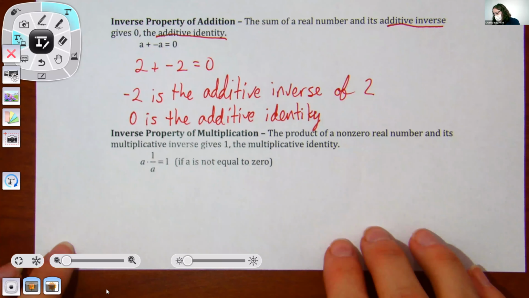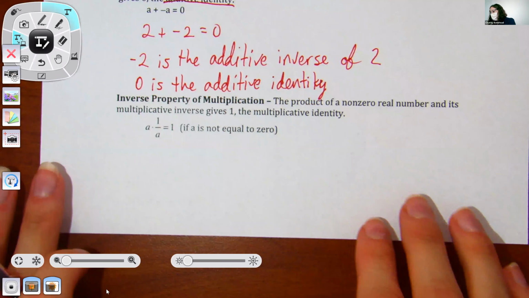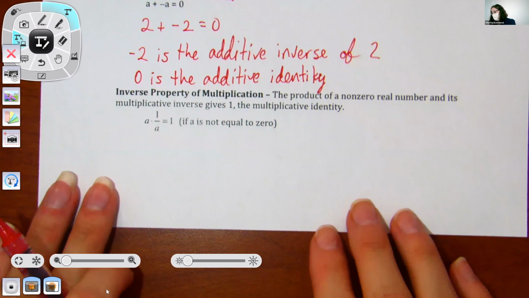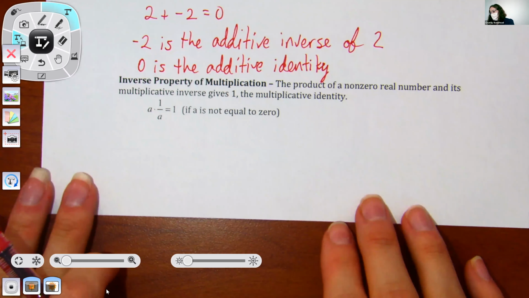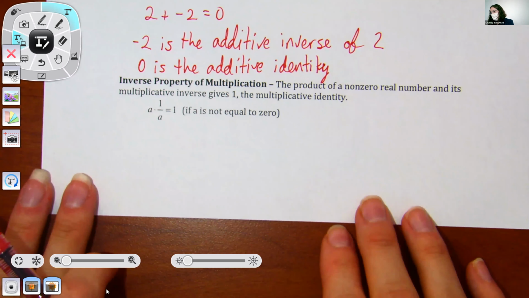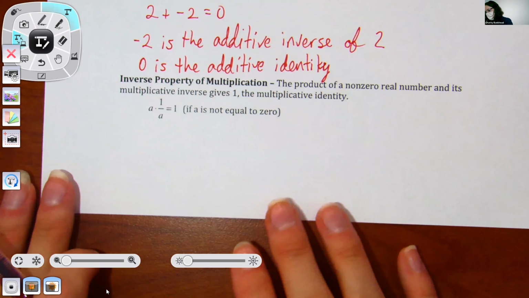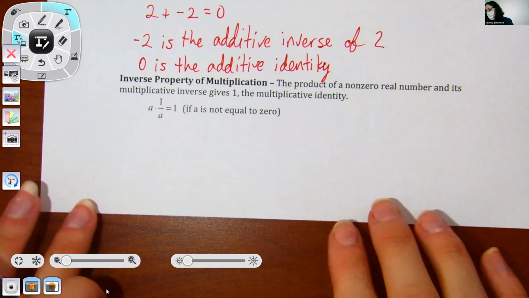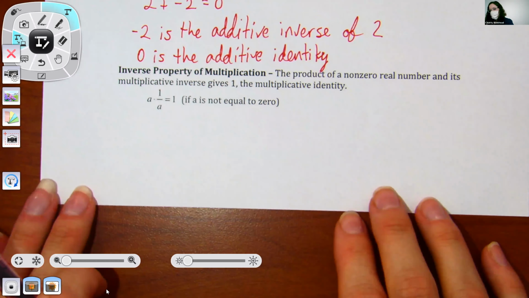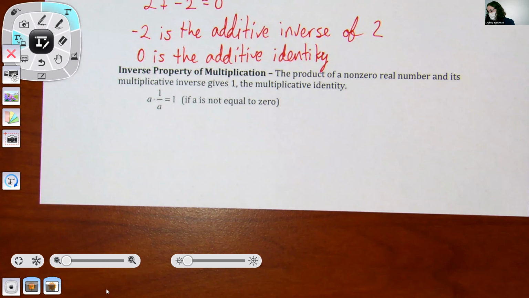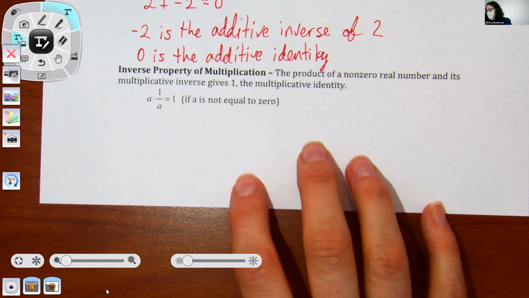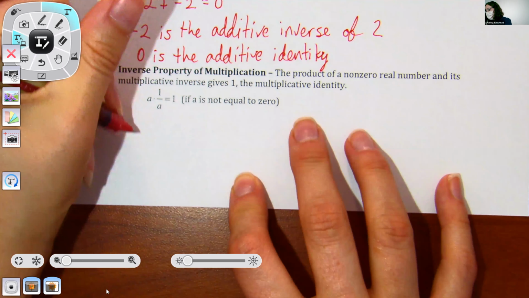Inverse property of multiplication. The product of a non-zero real number and its multiplicative inverse gives 1. So a times 1 over a equals 1, as long as a is not 0. For example, 2 times 1/2 would equal 1.